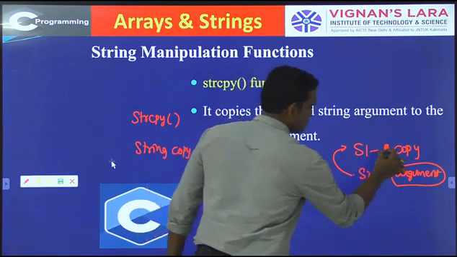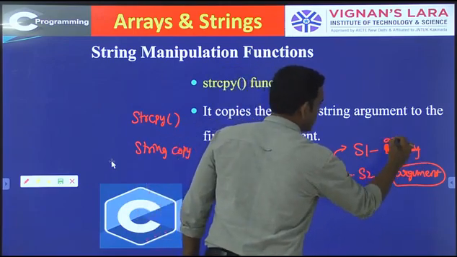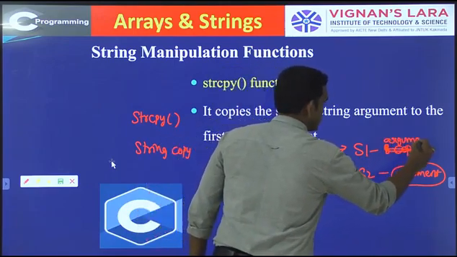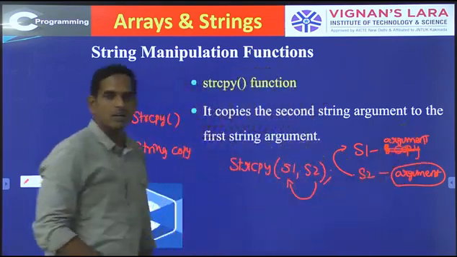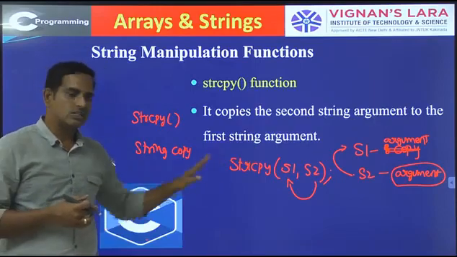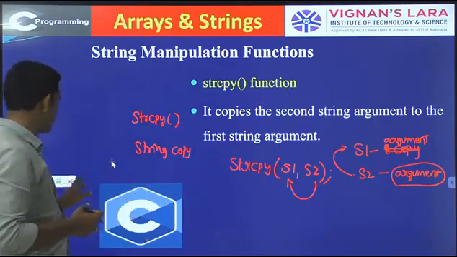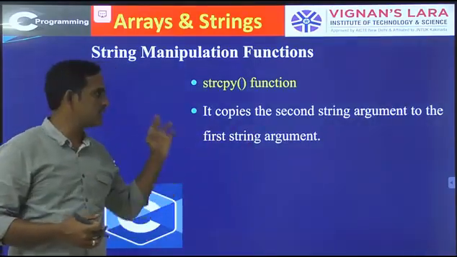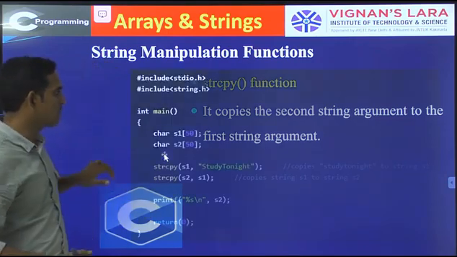Now s1 also will contain the word argument. Okay, so this is how your string copy works. If I want to copy one string into another, I will be using the string copy function.